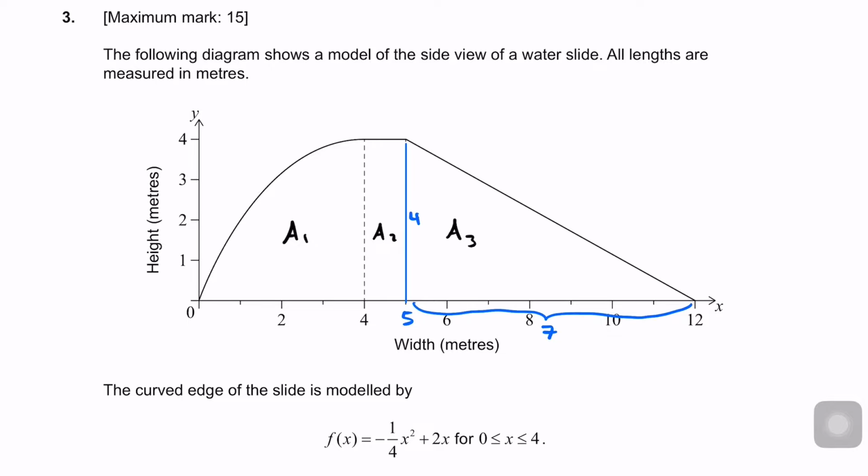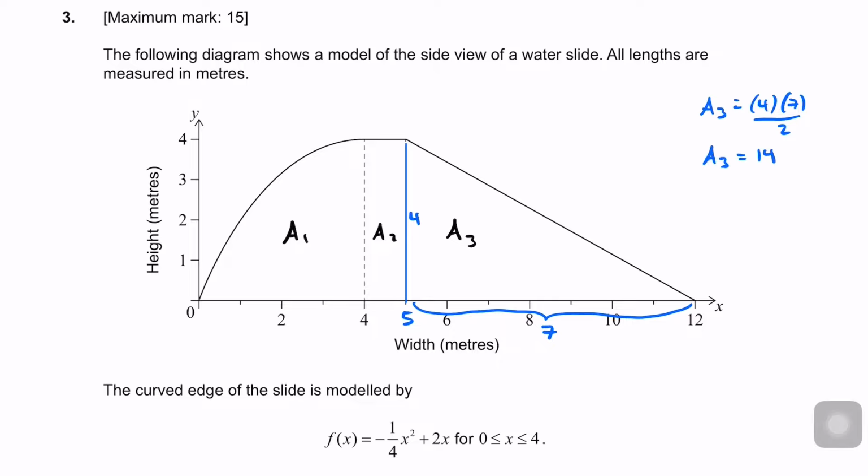So essentially for A3, I might need this space later on, so I'll write it out here. A3 is equal to base times height over 2, which is just going to be equal to 14. Okay, so that's what A3 is.